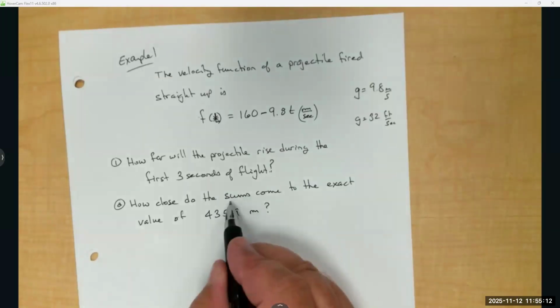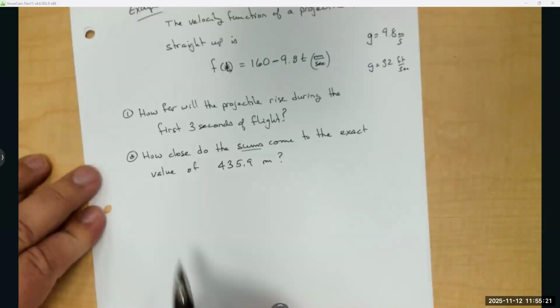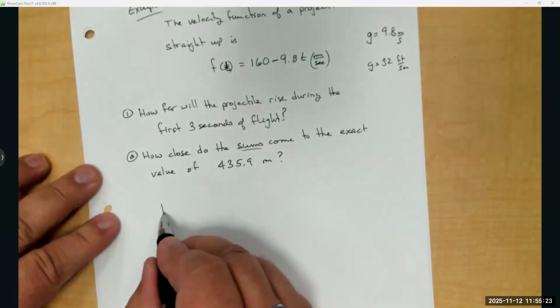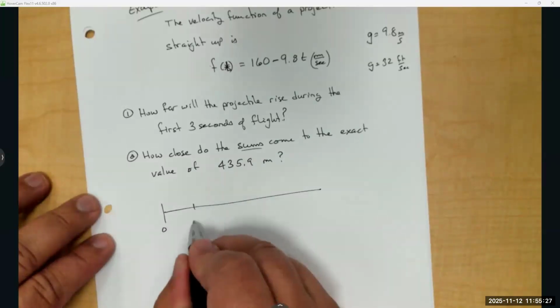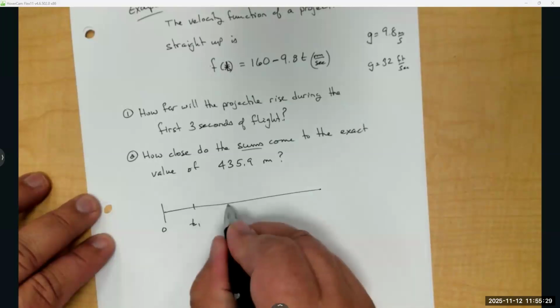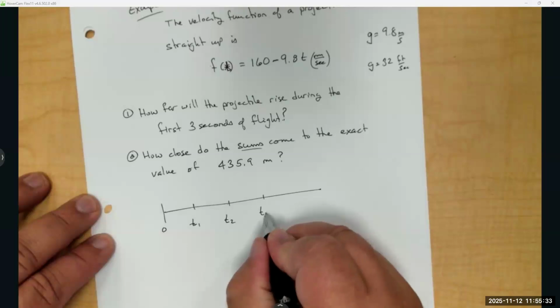Now, the reason it said sums is because we have an option to do what? Remember with our first example, this is at 0, this is at time 1, this is at time 2, this is at time 3, and so forth.